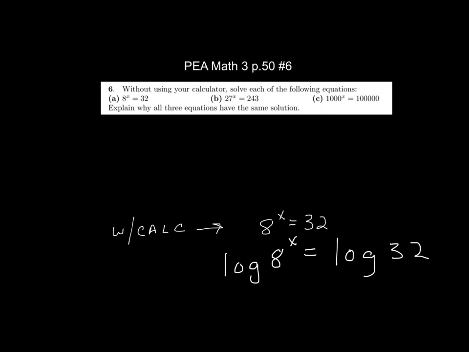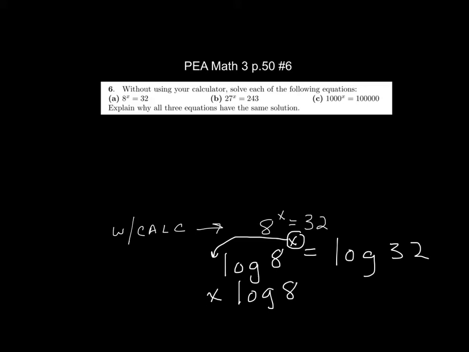What rule can I use and what can I do now to solve for x? I can move my x to the front. That's the whole point, is that now I can take my x, it can be multiplied instead of an exponent, and then we can divide after that.